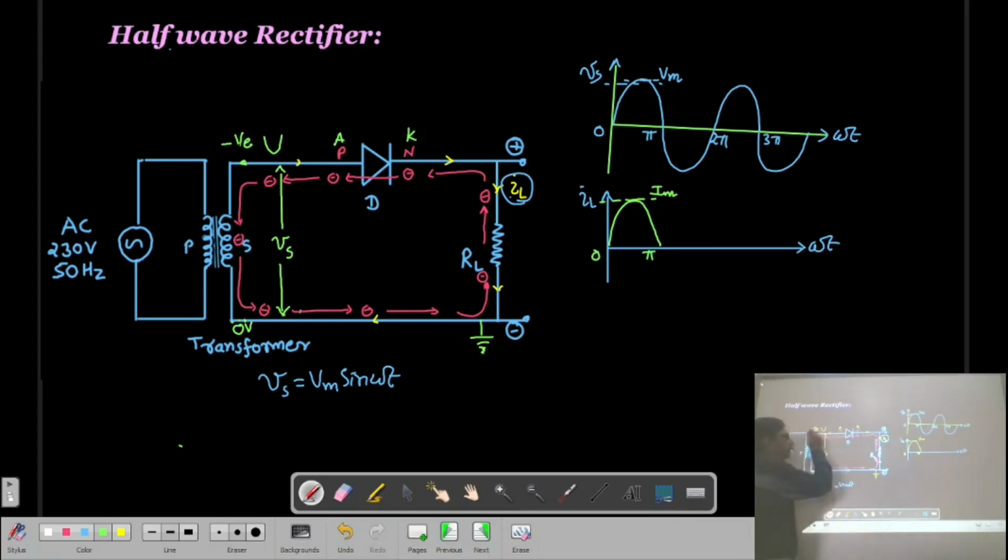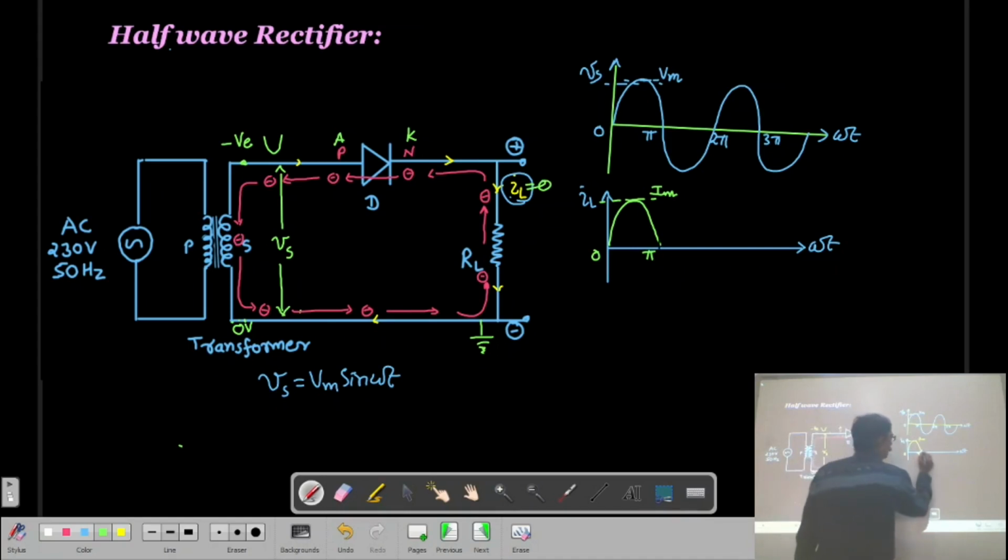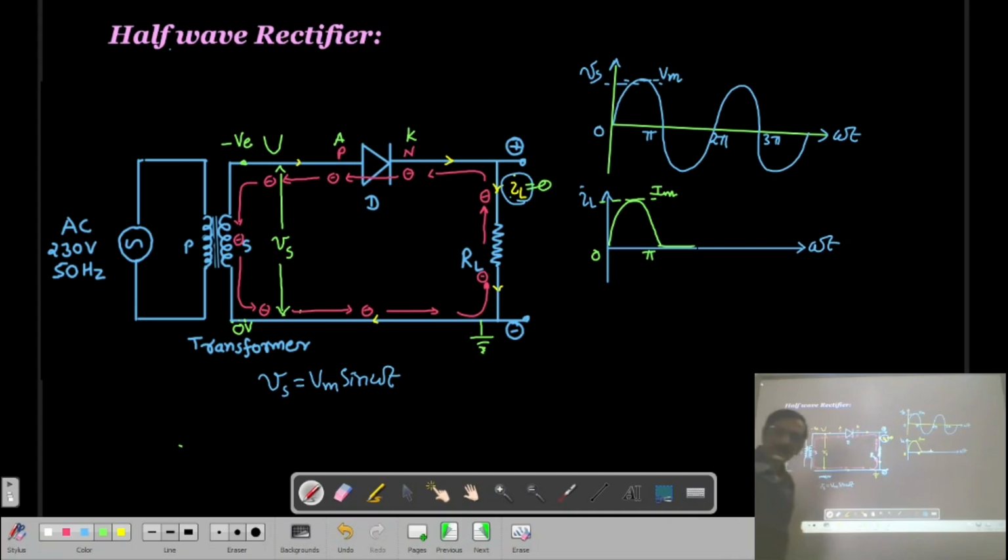Because the anode is connected to negative, the diode is in reverse bias, there will not be any flow of current. So this IL is 0, and here if you see, it is also 0. Because the diode is working as an open circuit. In forward bias, it is working as a short circuit. Here it is working as an open circuit, and in an open circuit, the current is not flowing.